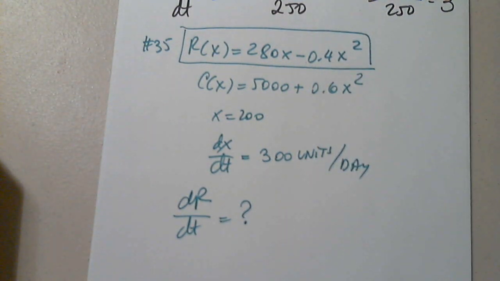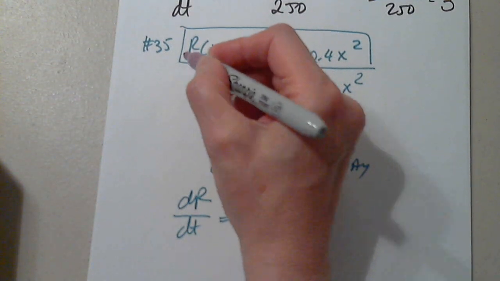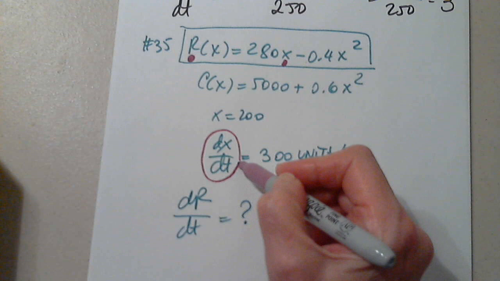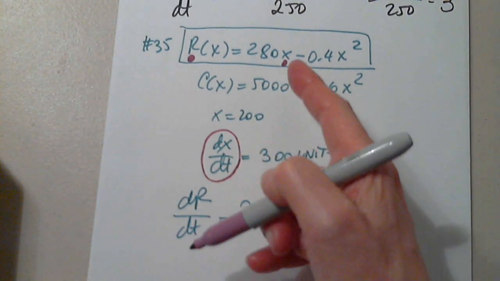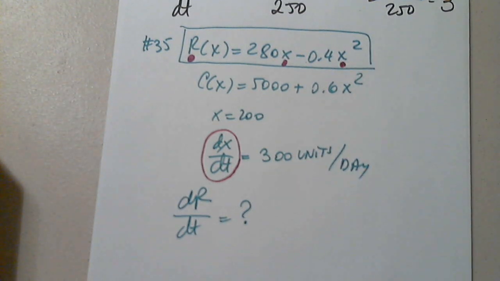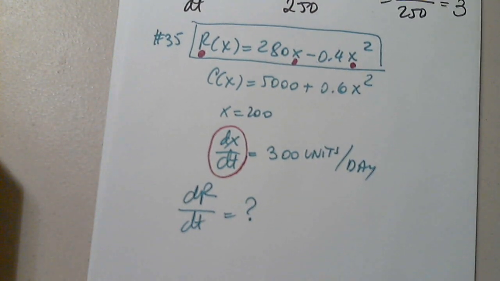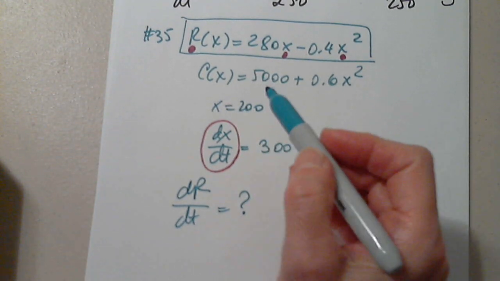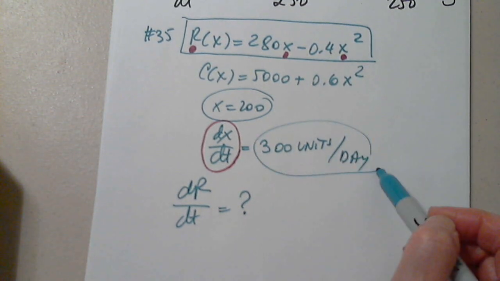I will put the dots where I see function. I see function here. I see function here. How do I know? This is an indication that this is a function of time. And of course here. Dots everywhere. So let's find dr over dt when x is this and when this, right?